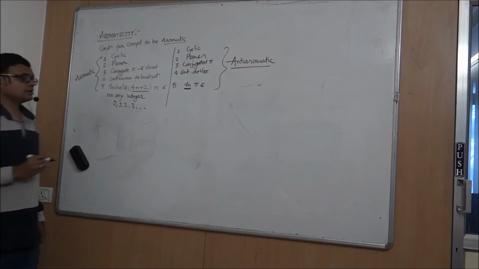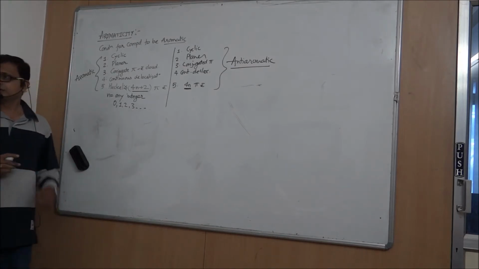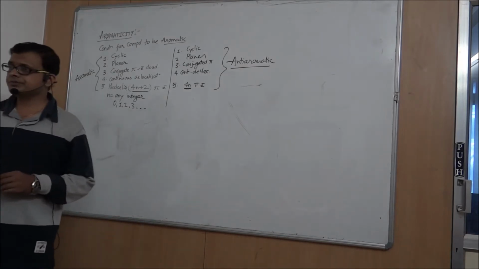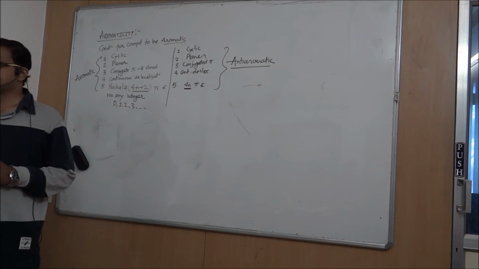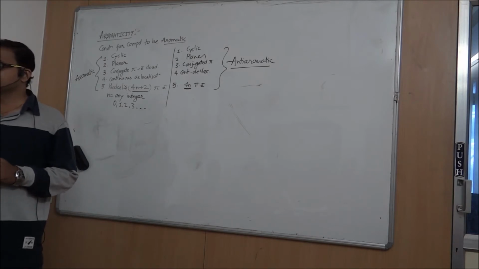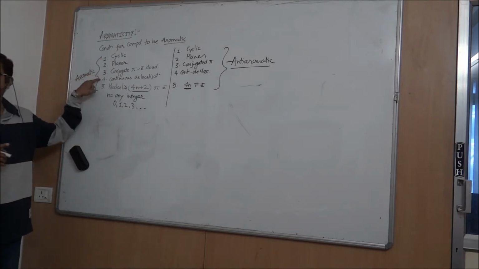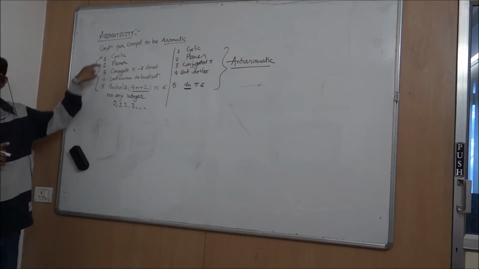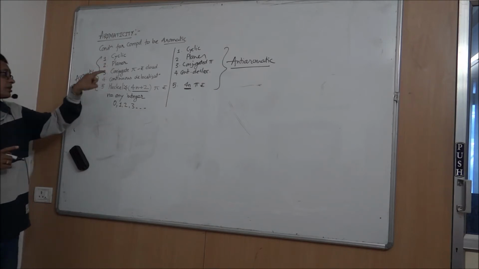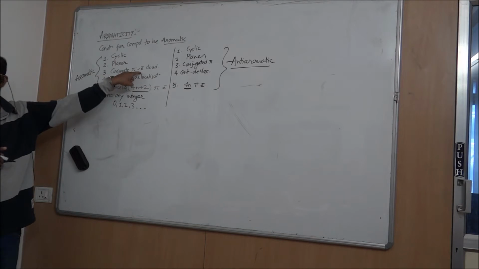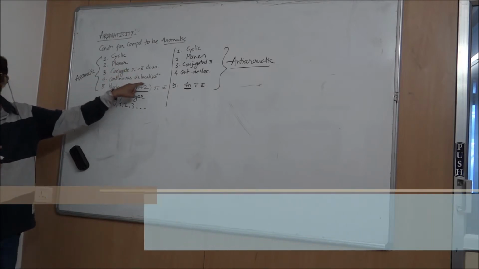So what is a non-aromatic system? If it disobeys any one of these rules, 1 to 4, it may be acyclic, it may be non-planar, or there may be no conjugation or continuous delocalization.